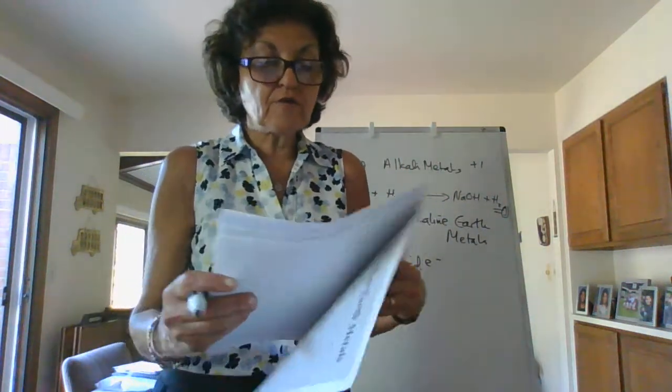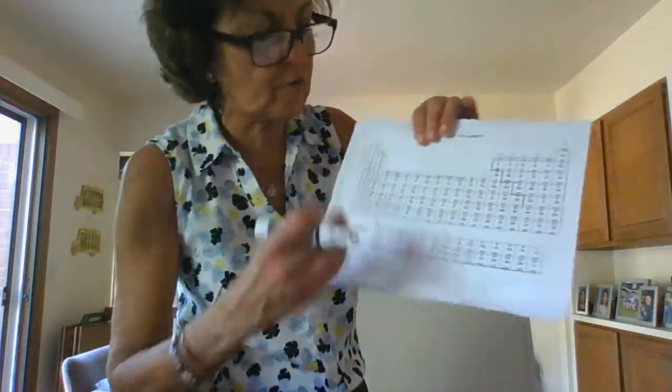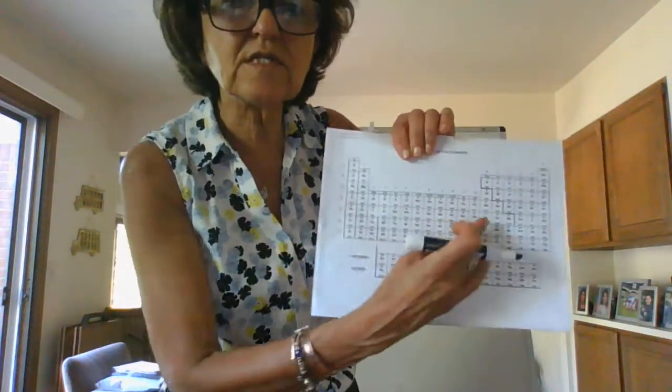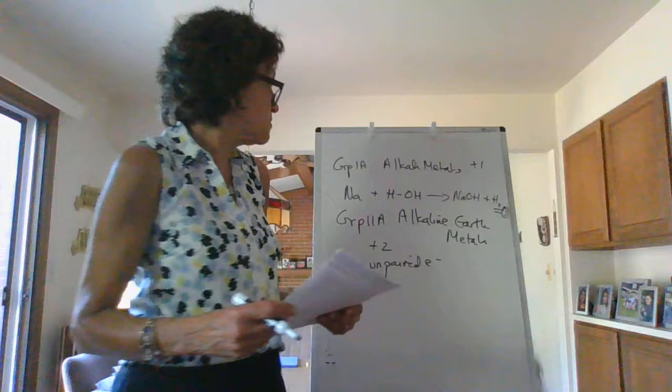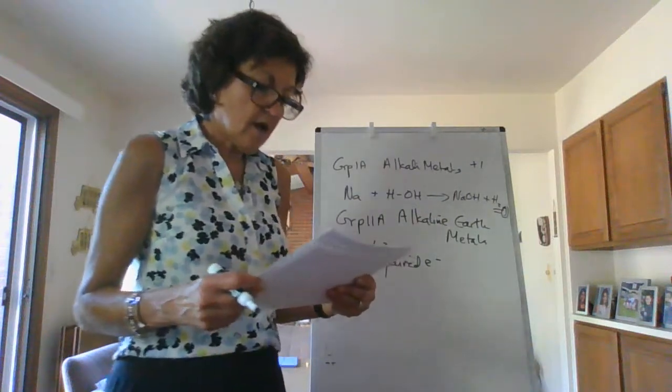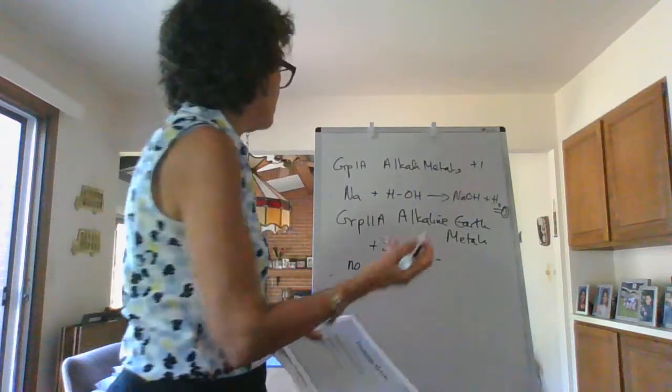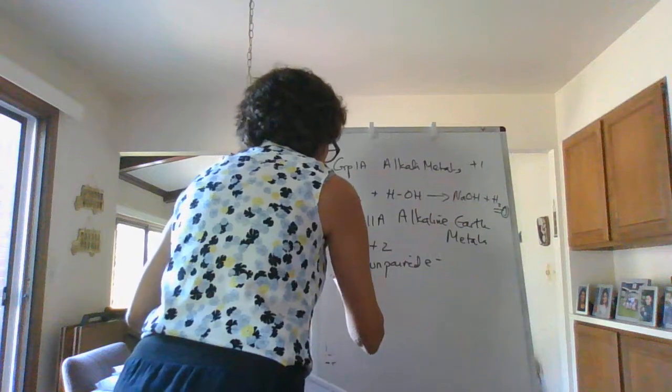Okay, the transition metals, which ones are those? That's this D zone over here. All of this is the D zone. They have lots of different charges, variable charges. We know that. They are metallic also.